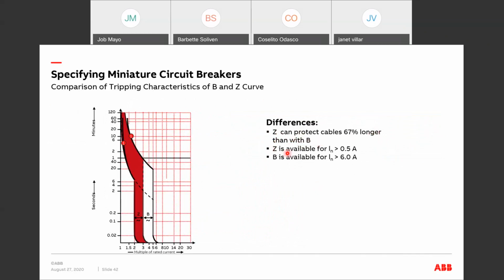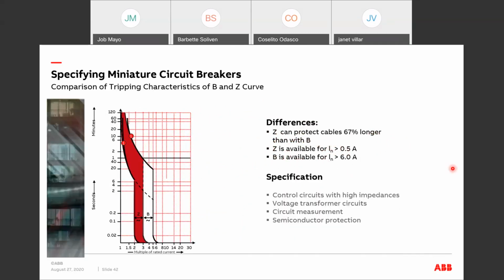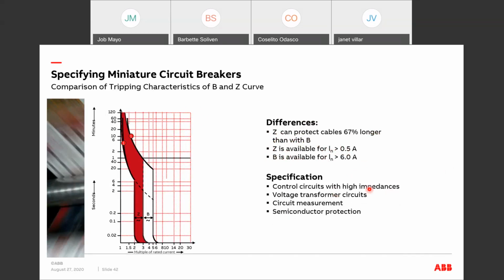So Z is available for rated current more than 0.5 amps, while B curve is available for rated current more than 6 amps. And it's usually used for control circuits with high impedances, voltage transformer circuits, circuit measurement, and semiconductor protection, primarily because of the low short circuit interrupting time.